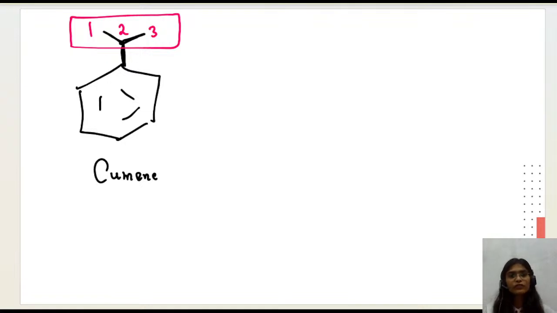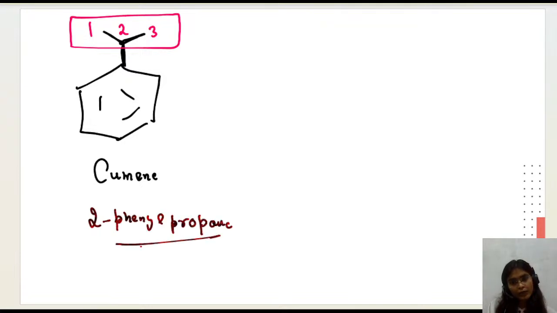It's a rule; check it for 11th class again. At the second position you will have phenyl, so it becomes 2-phenylpropane. This is the correct name for this compound. It's a rule that if benzene is connected with more than one carbon, benzene is being a substituent.